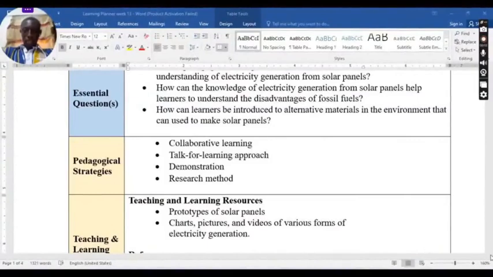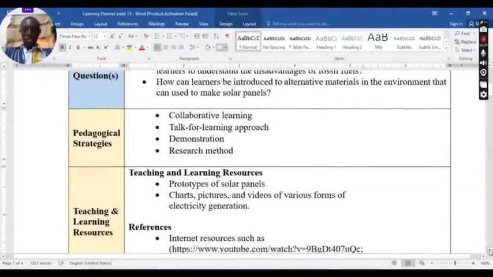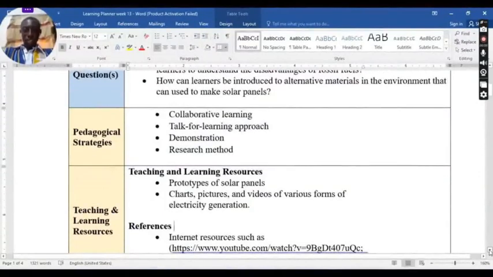For example, if you write collaborative learning here, you must write an activity that demonstrates a form of collaborative learning. Talk for learning, you should use an activity that is about a talk for learning approach. Demonstration, you should do some demonstration in the activities that we are about to get to. Research method, you must employ it.